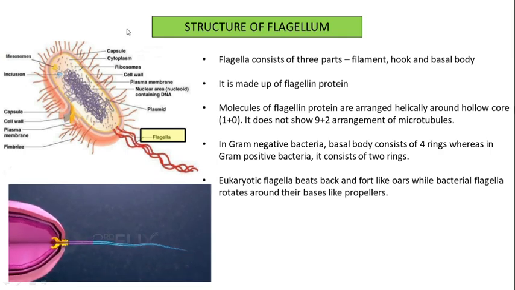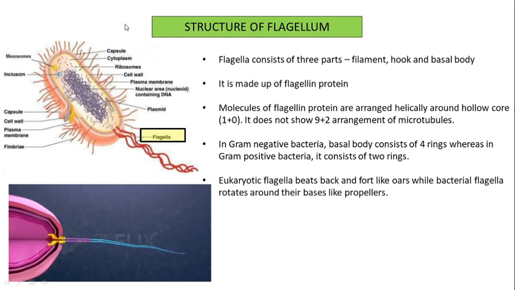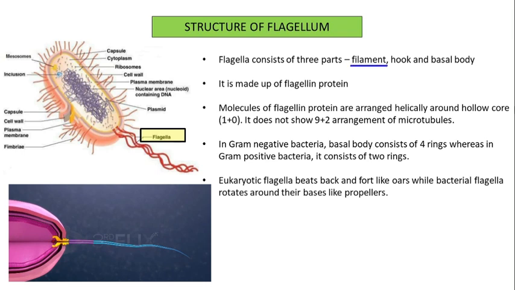Now see, these flagella help in the movement of bacteria, and therefore they are very important, and they play a key role in the bacterial body. So flagella actually consists of three parts. There is a filament, there is a hook, and a basal body.